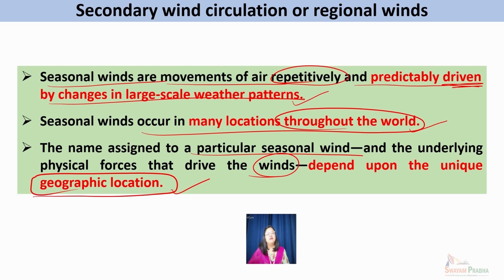So you may have different locations in the same latitude, and in the same latitude you may observe different sets of seasonal winds which blow during different time periods in a year and even in different time periods during the daytime also. So these are secondary winds. Now let's look at the most important secondary winds which are found around the world.